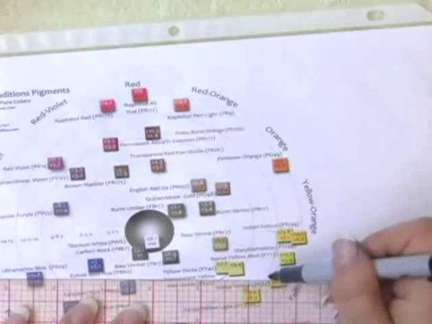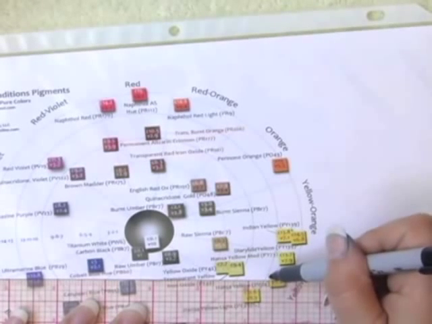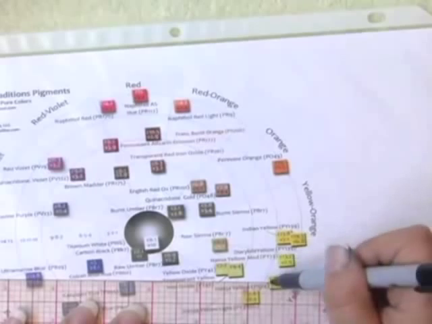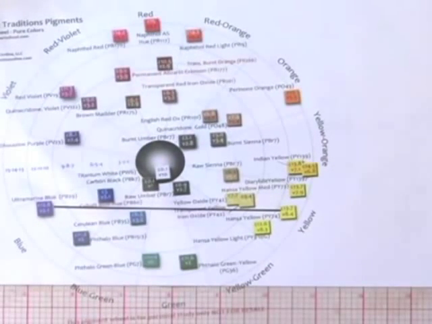Okay, I'm going to find my ultramarine blue. I used ultramarine blue and I used Hansa yellow, which is right there. So I'm going to take this and draw a straight line through this now. Okay, there we go. Now I'm going to take the phthalo blue and draw a line.